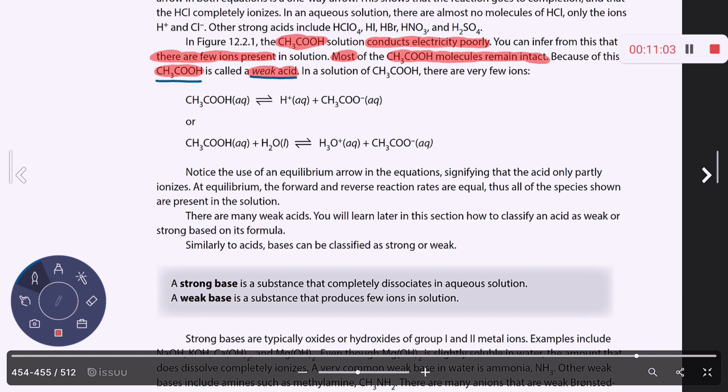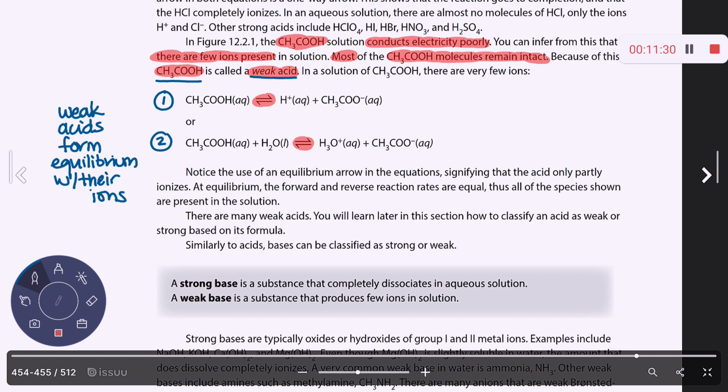Okay, so how would I write this in solution? There are two ways. Notice the difference in the arrows. Weak acids form an equilibrium. So that means they kind of shift back and forth between ionizing and reforming their intact molecules.